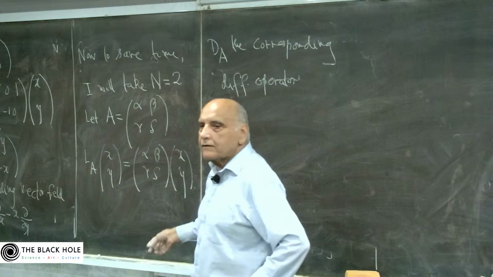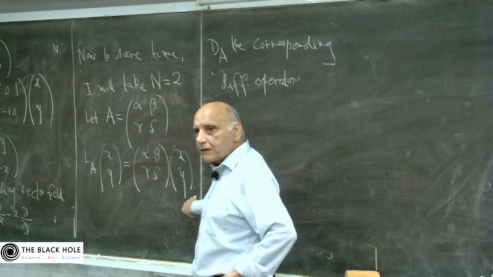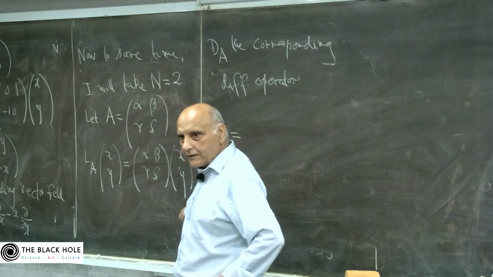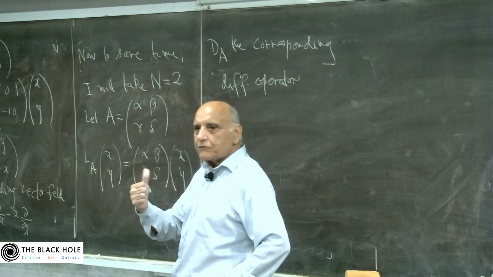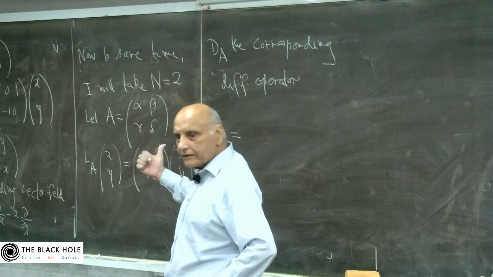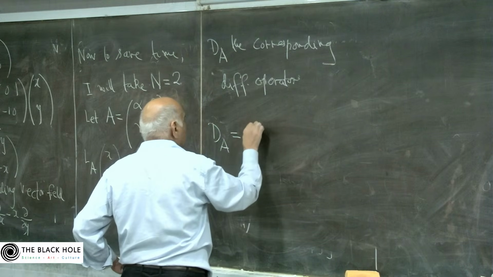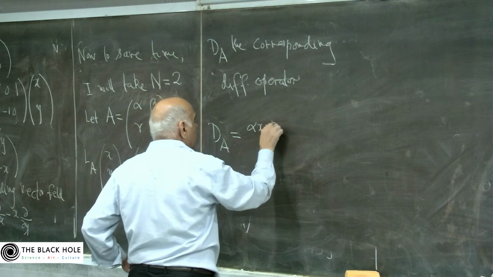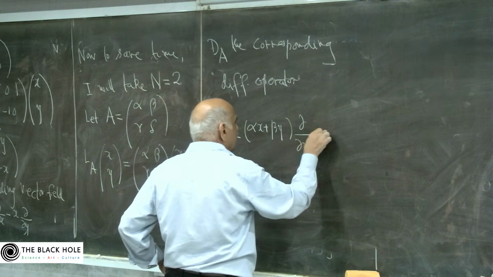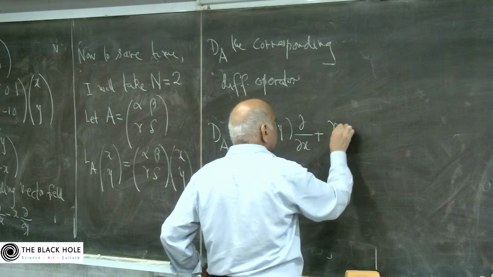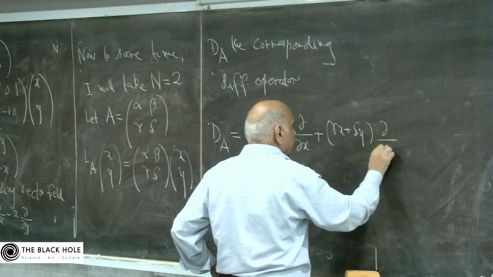It is the field alpha x plus beta y, gamma x plus delta y as functions, and this translates to the operation of taking the directional derivative in the direction of the field. So this is alpha x plus beta y d by dx plus gamma x plus delta y d by dy.